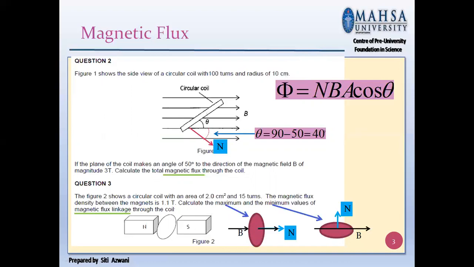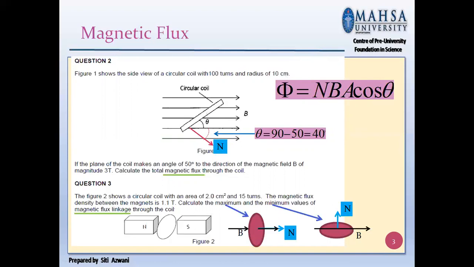You want to calculate the magnetic flux through the coil, so you need to solve using this formula: flux equals NBA cos theta. So how to measure your angle? Refer to the definition previously in your notes.